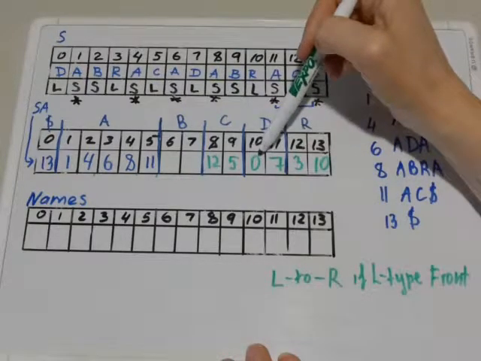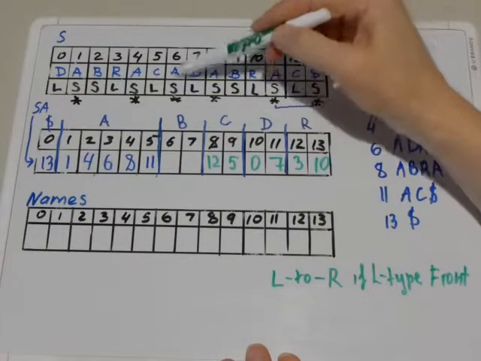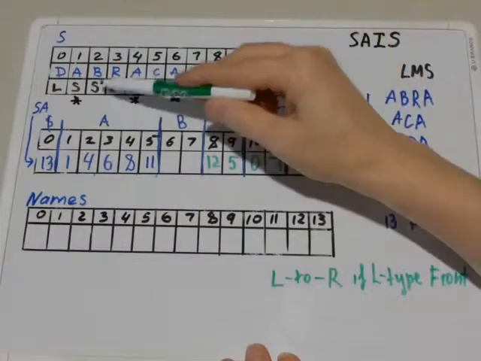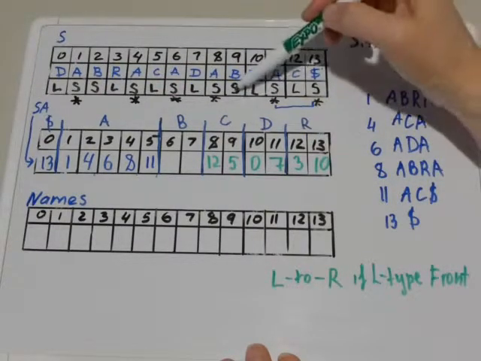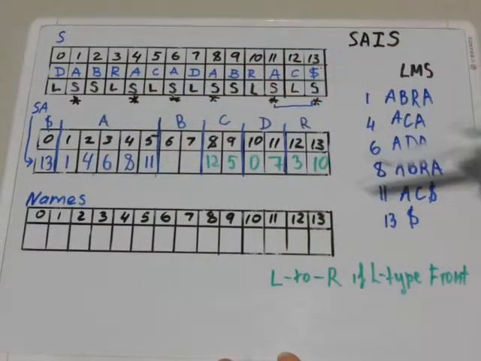Whenever you see 0, just ignore it. 7 minus 1 is 6, S type, ignore it. 3 minus 1 is 2, S type, ignore it. 10 minus 1 is 9, S type, ignore it. We finished left to right scanning of the suffix array.